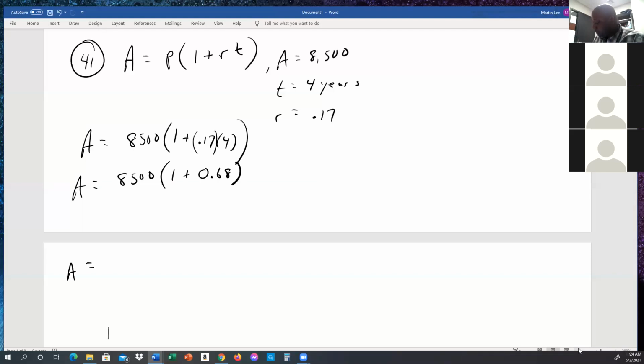So now the amount equals 8,500 times 1 plus 0.68, which is 1.68. And now just multiply 8,500 times 1.68, and that gives you 14,280. So that's going to be the total amount she pays back.